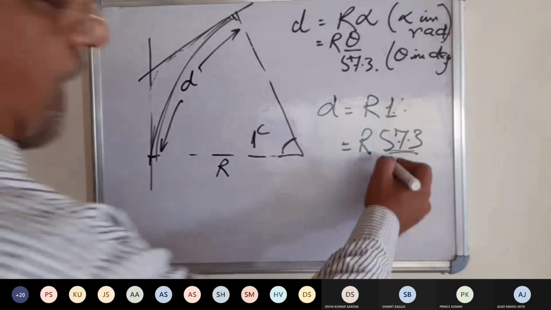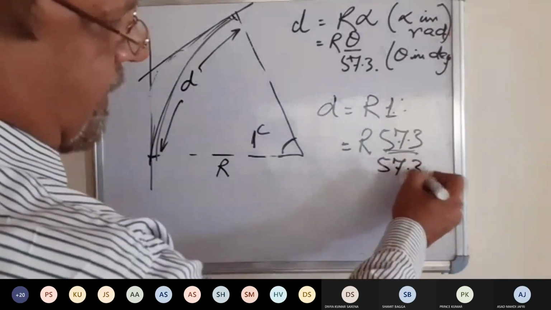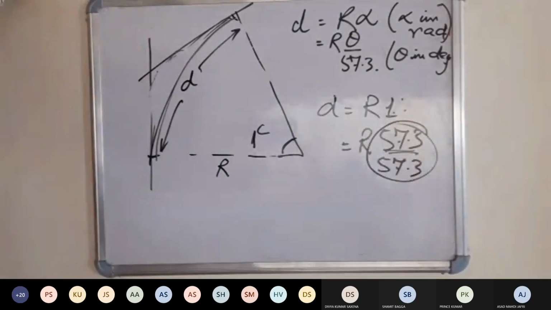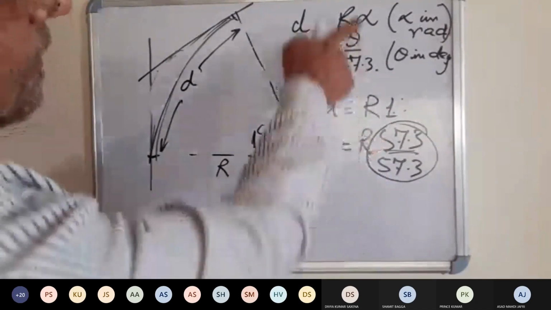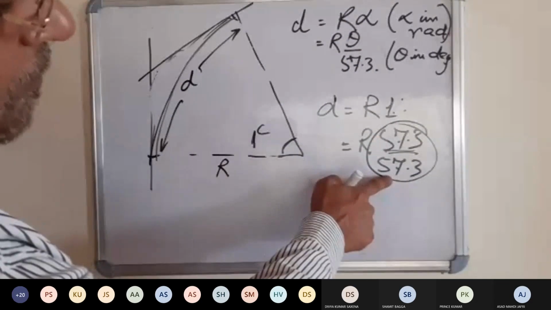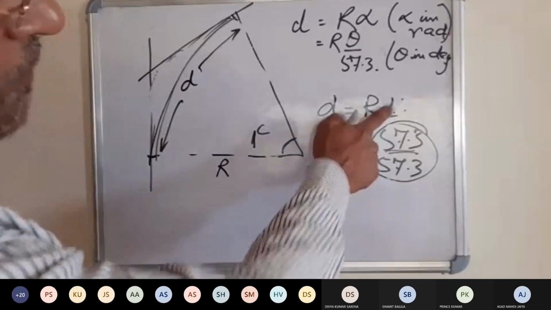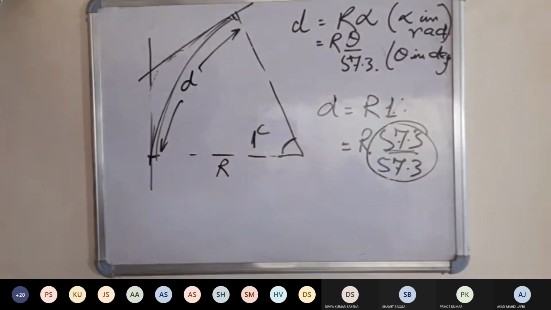Yes, sir. अगर इसको 57.3 से डिवाइड कर देंगे तो कितना हो गया वैल्यू? 1. तो थीटा में हमने थीटा डाल दिया, और उसको 57.3 से डिवाइड कर दिया, तो ये वैल्यू तो वही रह गई. ये बेसिकली रेडियन वैल्यू ही है.